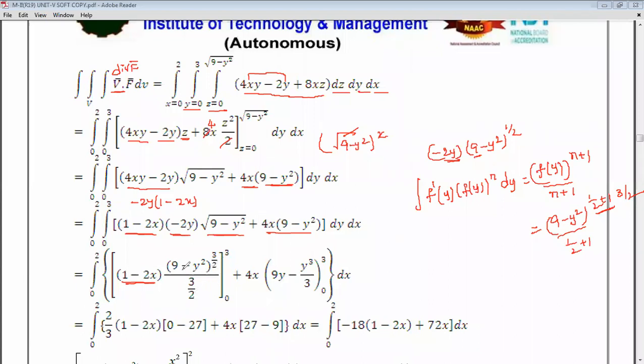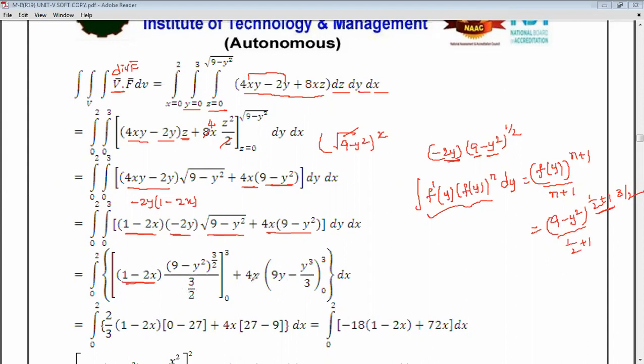That is how we got it directly using this formula. If you are getting confused, you can use the substitution method, put y square equal to t. But I think it's better to remember this formula: integral f dash of y f of y whole power n dy is equal to f of y whole power n plus 1 by n plus 1.